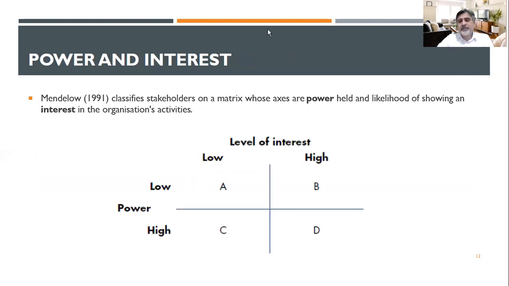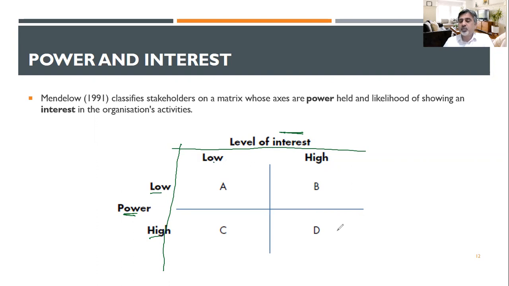So in the stakeholder mapping model, we have the interest on one axis, which we call level of interest. And this is your second axis, which we call power. So power could be low or high, interest could be low or high.